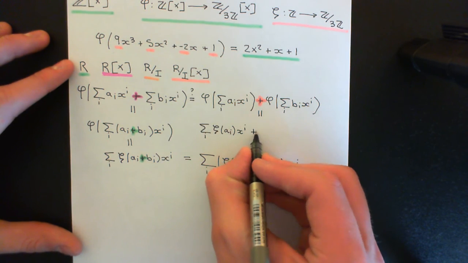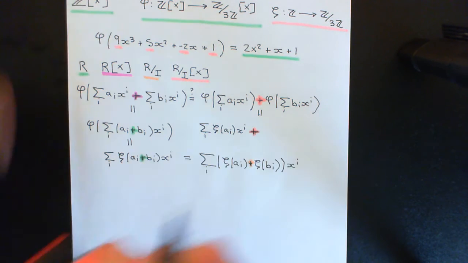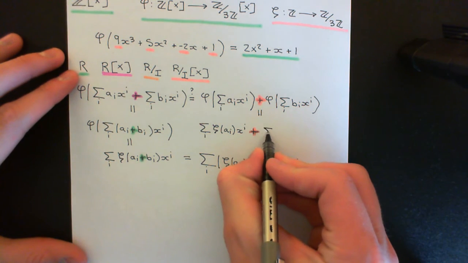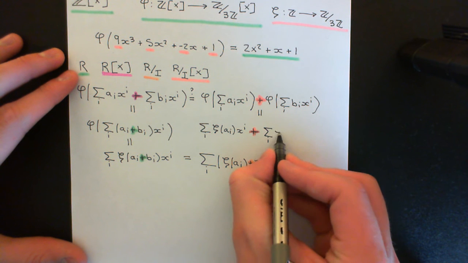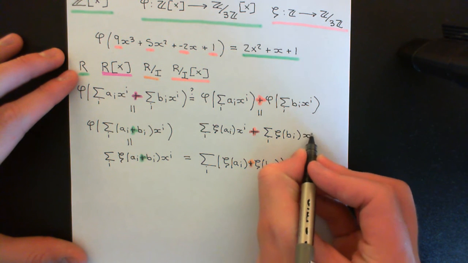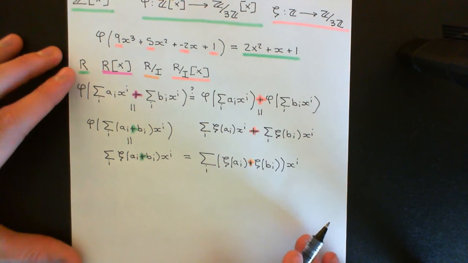Then we're going to add this in R quotiented out by I adjoin x here, so I'll put the red plus sign there, to the polynomial which is the sum over i of zeta of b_i x^i here, which is another polynomial in R quotiented out by I adjoin x.